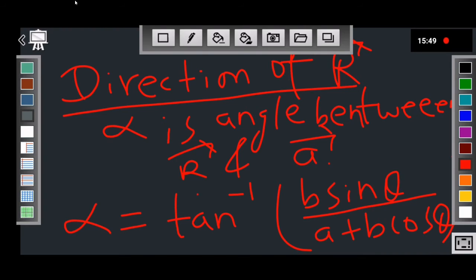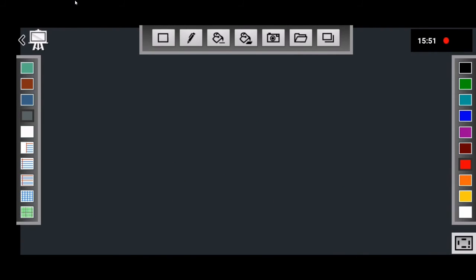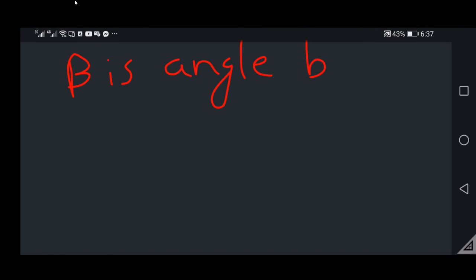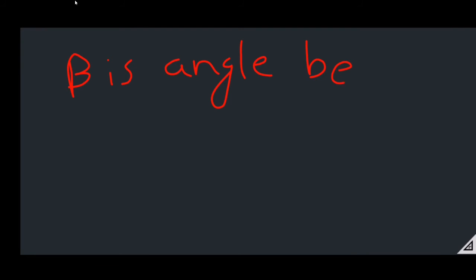Now let's see another formula. Suppose beta is the angle between resultant R vector and B vector.